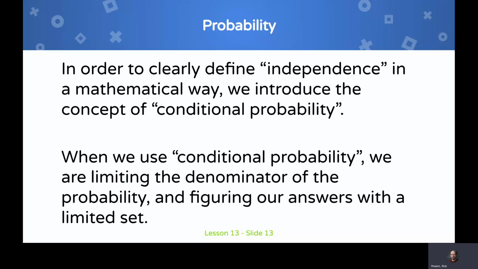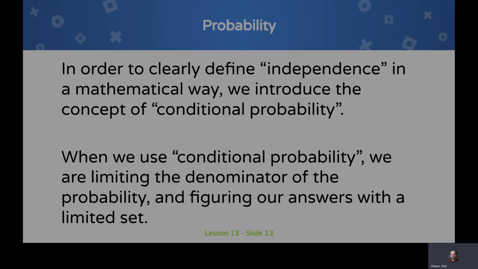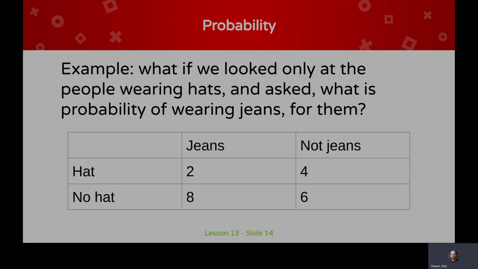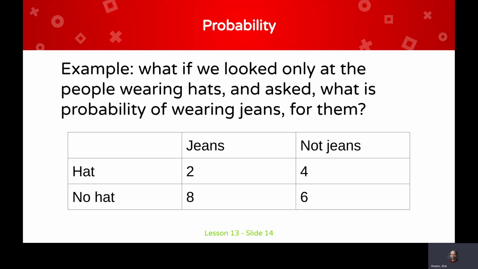In order to clearly define independence in a mathematical way, we introduce the concept of conditional probability. When we use conditional probability, we are limiting the denominator of the probability and figuring our answers with a limited set. Example, what if we looked only at the people wearing hats and asked, what's the probability of wearing jeans for them?